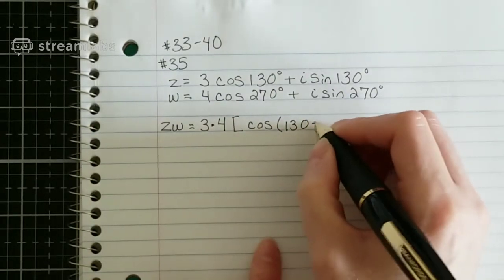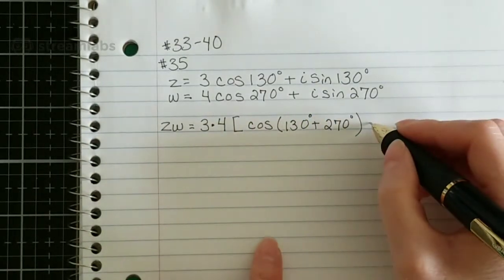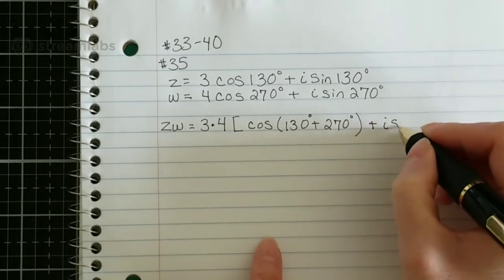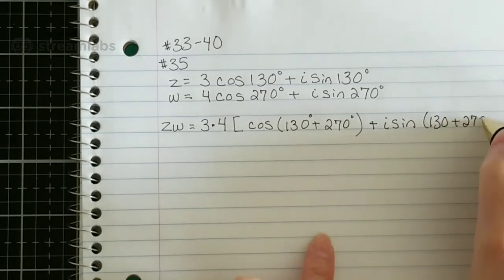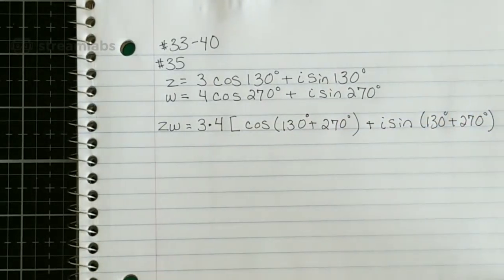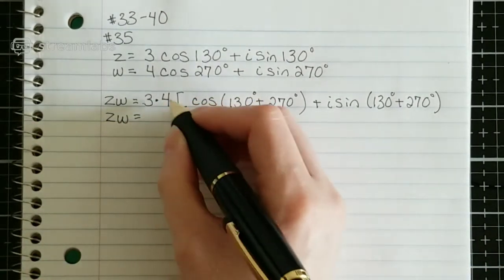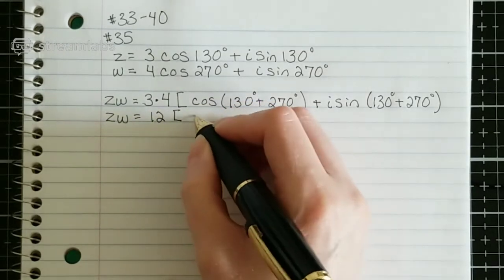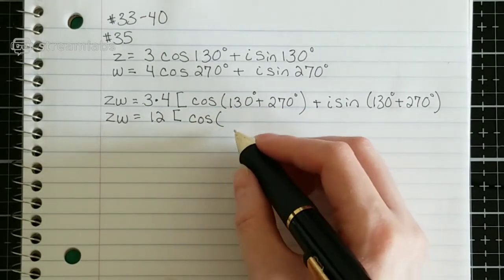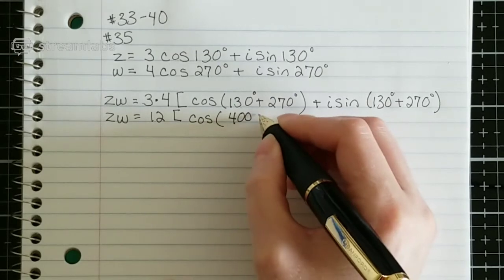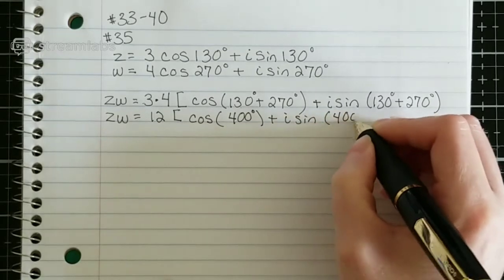So this is 130 plus 270 degrees, plus I sine, and you add them again, 130 plus 270 degrees. So ZW: 3 times 4 is 12, cos, 130 plus 270 would be 400, plus I sine 400 degrees.